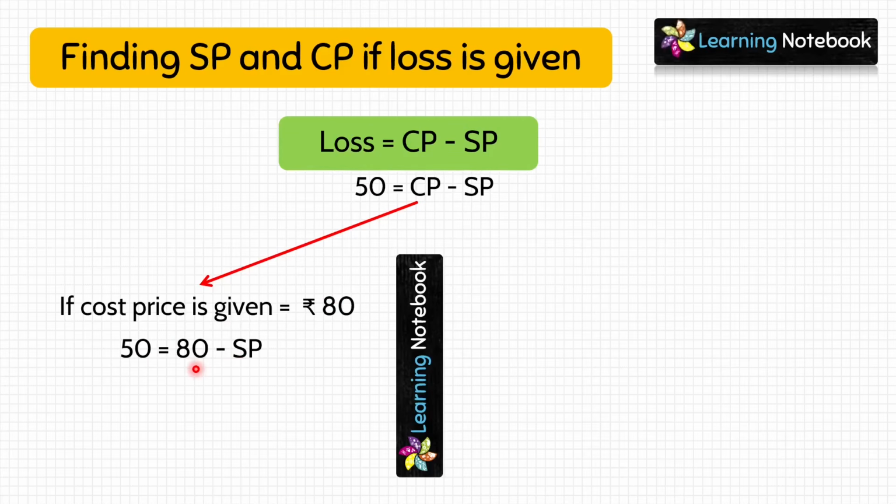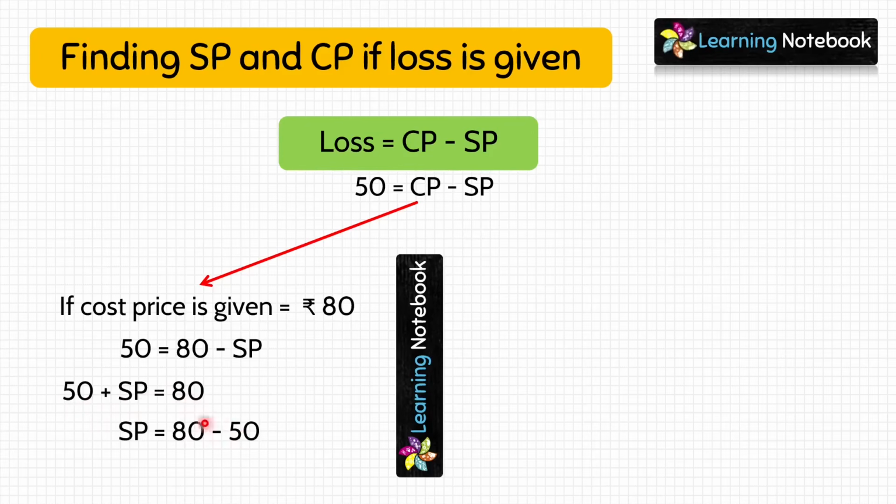Now to calculate SP, we will first shift SP to the left hand side and thus on shifting its sign changes from negative to positive. So we get 50 plus SP equals to 80. Now let's shift this 50 to the right hand side.